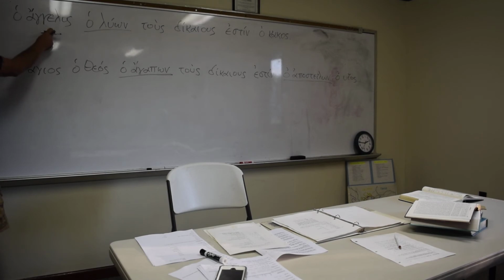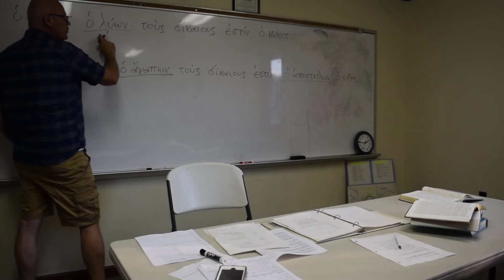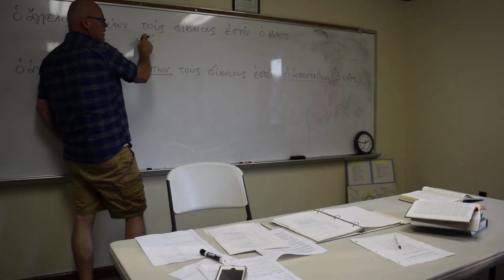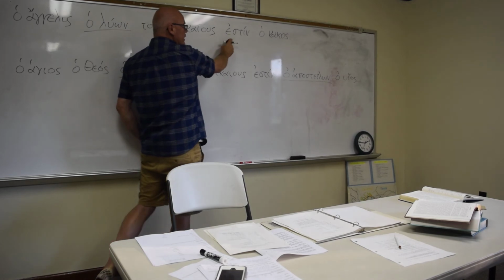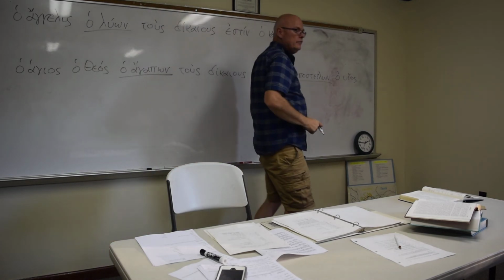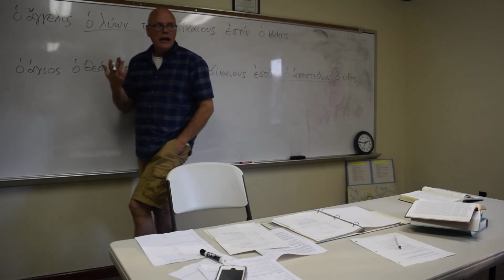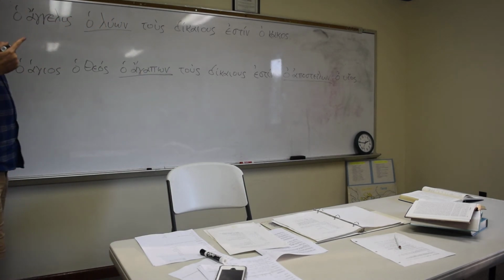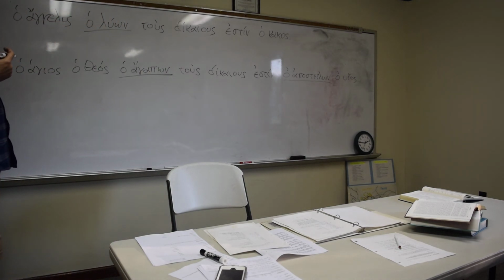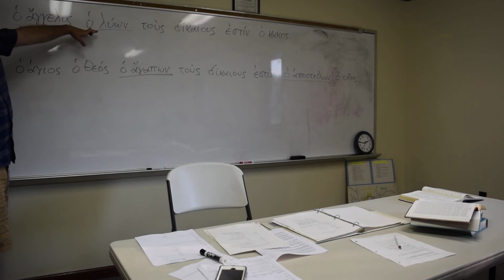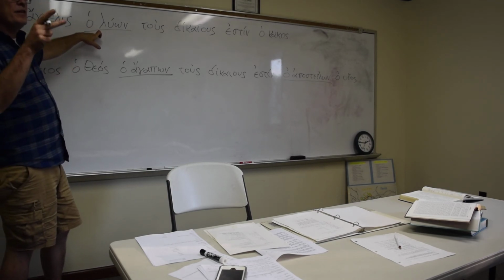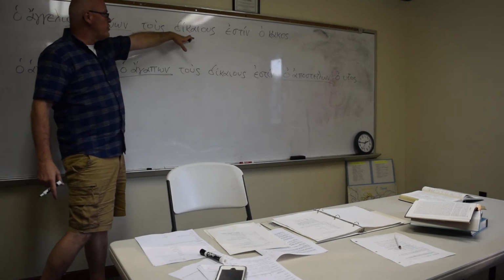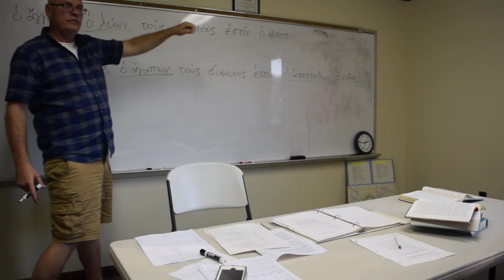So you've got the angel, who is loosing the righteous one is evil. Doesn't make sense. The angel who is destroying, I'm sorry, actually I meant to say destroying, the righteous one is evil.